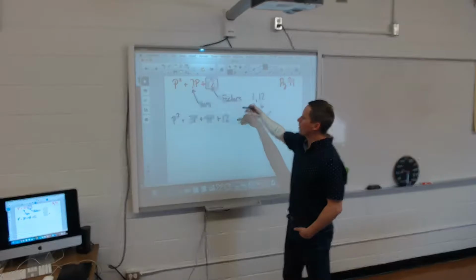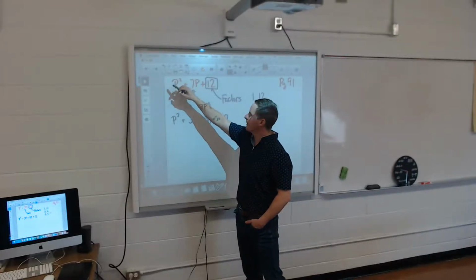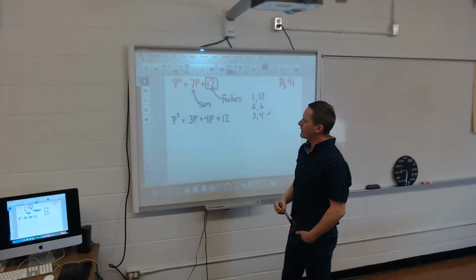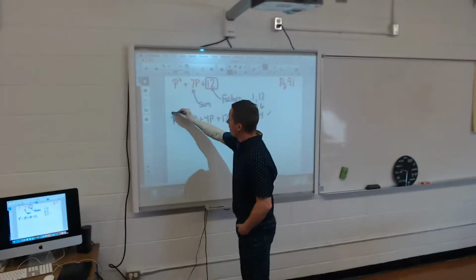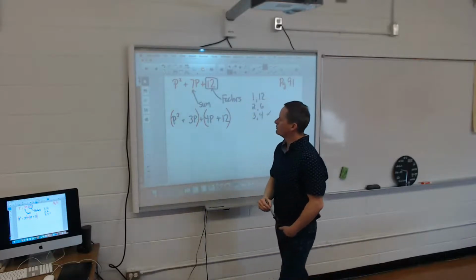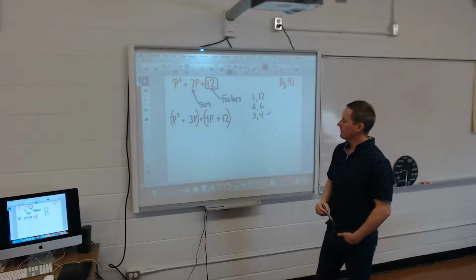And when we get into more complicated values in which we have an a value in front of the p squared, it often helps to do this. So at this point, I'm going to draw 2 sets of brackets around my first 2 terms and my second 2 terms. Okay? So I've got p squared plus 3p.